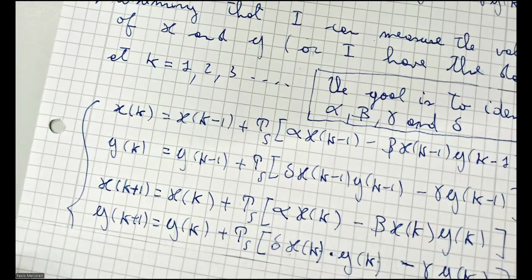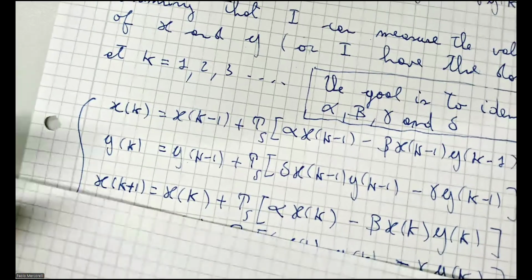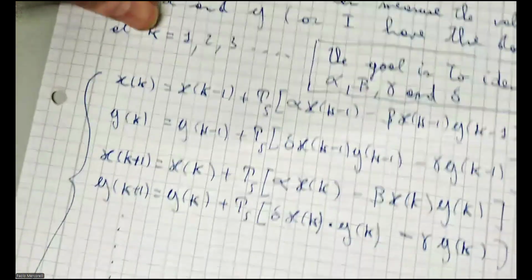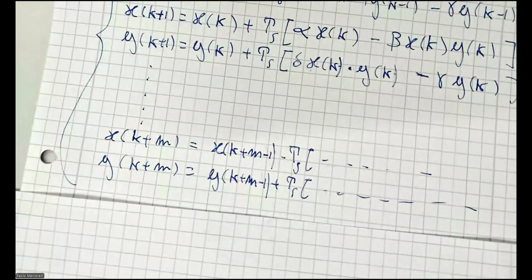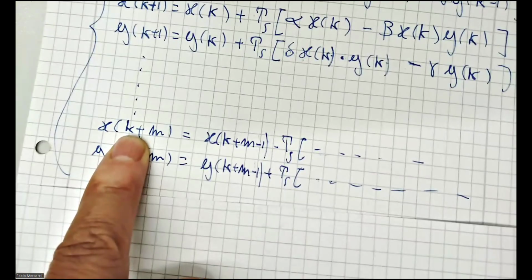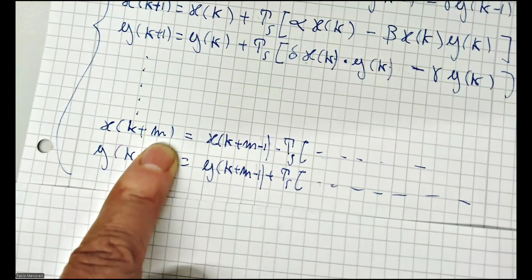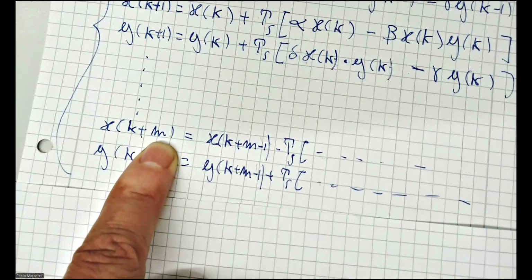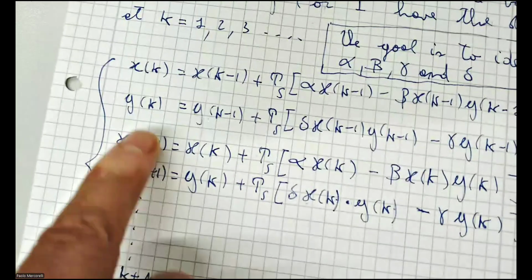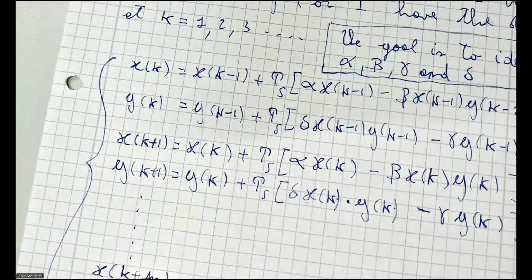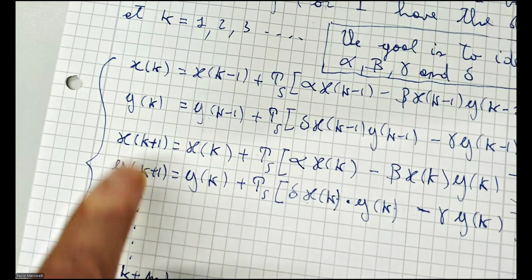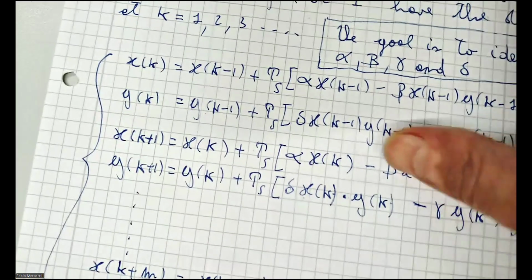Formally, just formally. And I will do it for windows with length m. Basically, I will consider m elements for x and for y. Clear? What I'm doing.